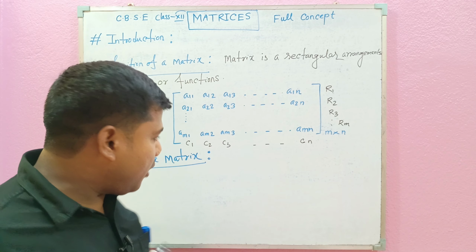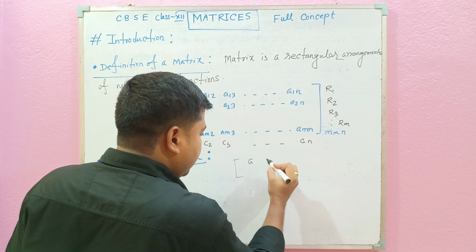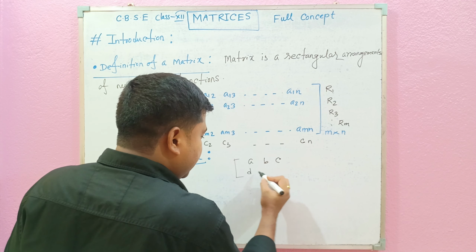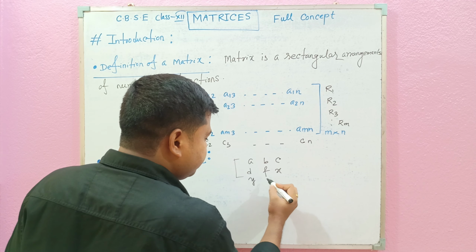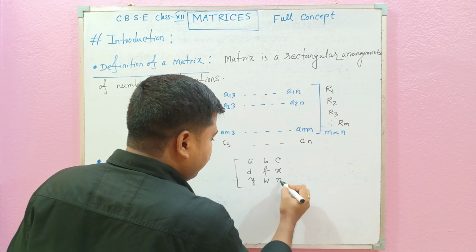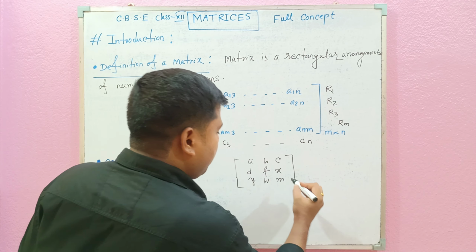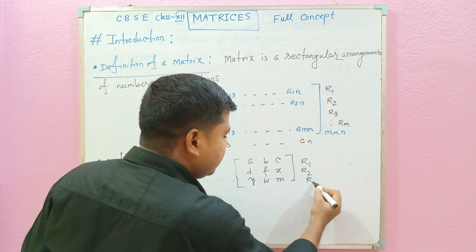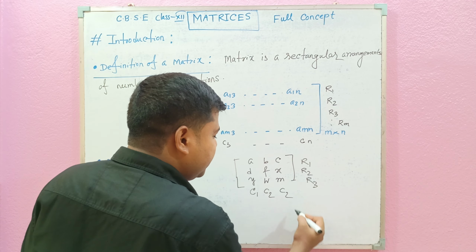For example, suppose A, B, C, D, F, X, Y, W, M is a matrix. Here, the total number of rows is R1, R2, R3 and the total number of columns is C1, C2, C3.